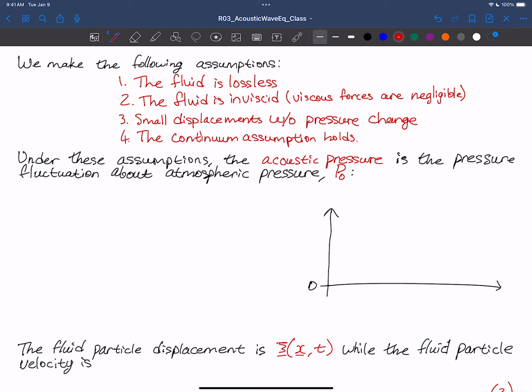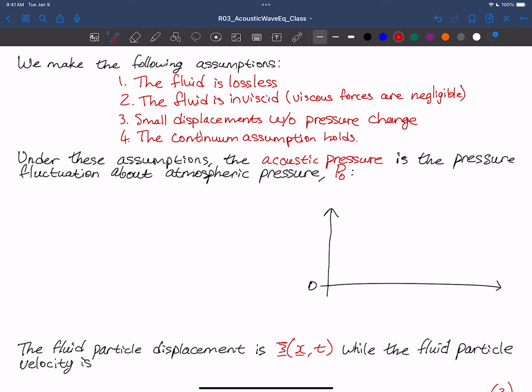Meaning that when we look at a fluid body, there is material everywhere. We're ignoring the fact that there are atoms, molecules, etc. We are assuming that there is material everywhere.